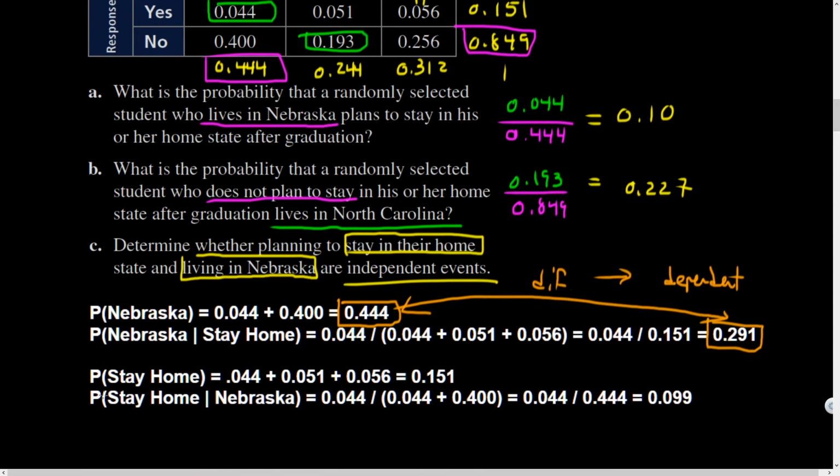And what I wanted to point out that it wasn't clear in my lesson video is that I could have analyzed this the other way. I could have focused on the stay home side of things.